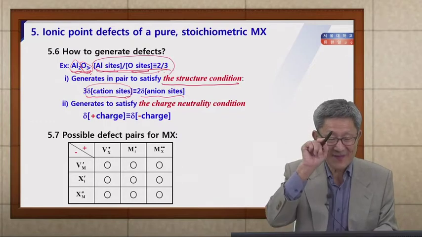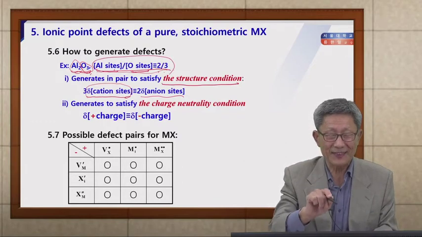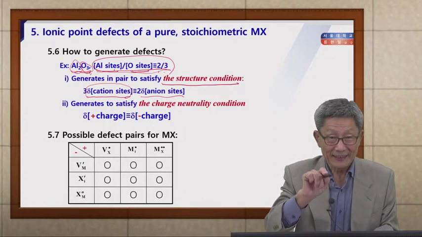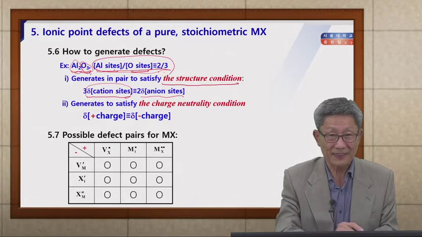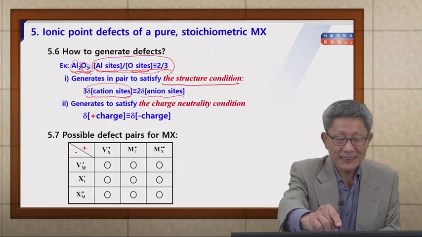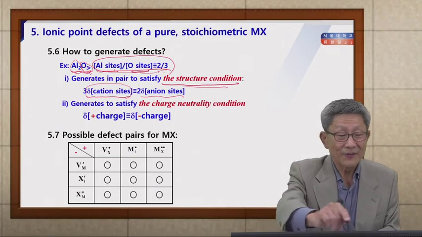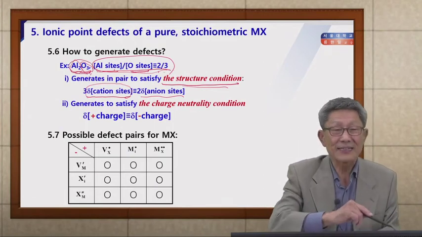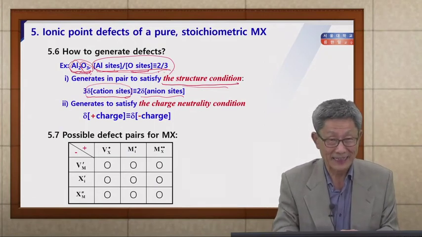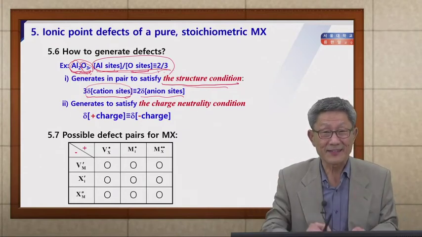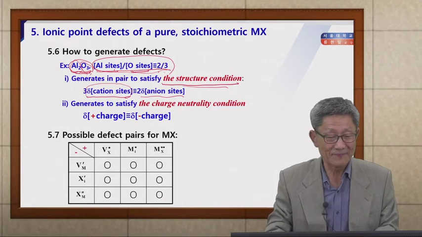This is the utmost important condition which has to be satisfied upon the generation of defect. Without satisfying this structure condition, your host lattice is no longer alumina, because this structure condition is just disobeyed.